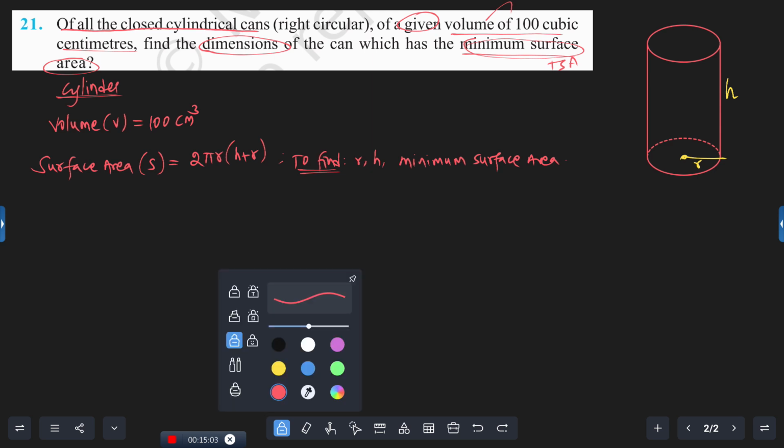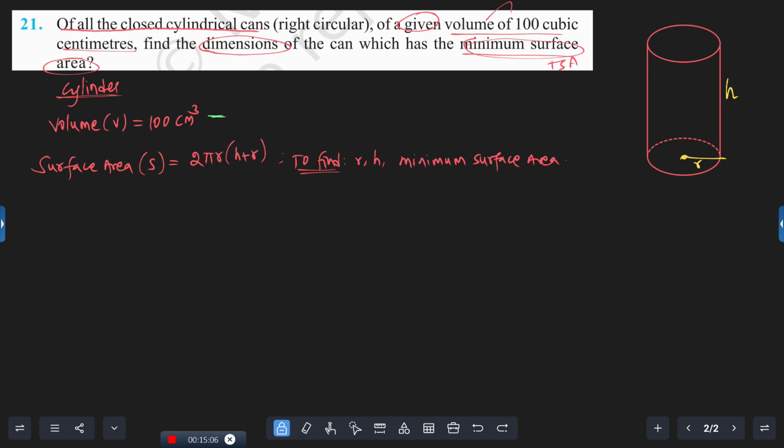Now listen. Volume is given. What is the volume of a cylinder? Pi r square h is equal to 100. From here, what is easy to find? H value is easy to find. So h is equal to 100 divided by pi r square.